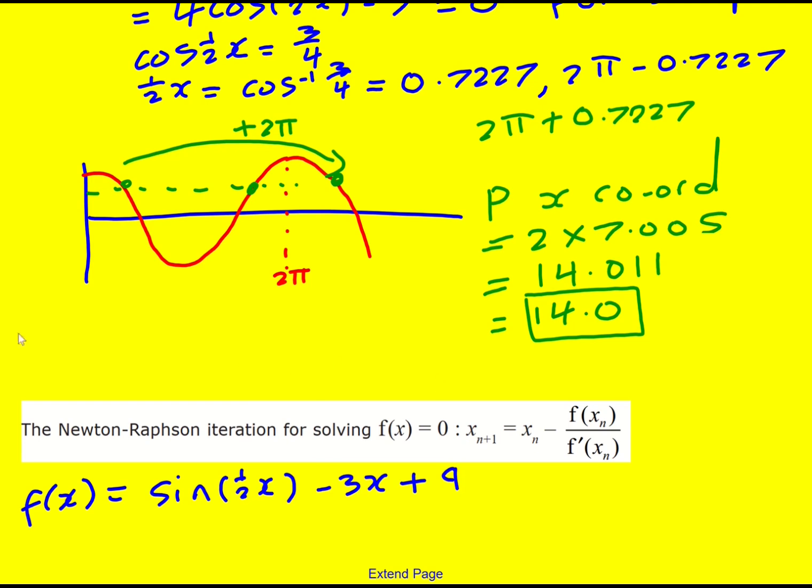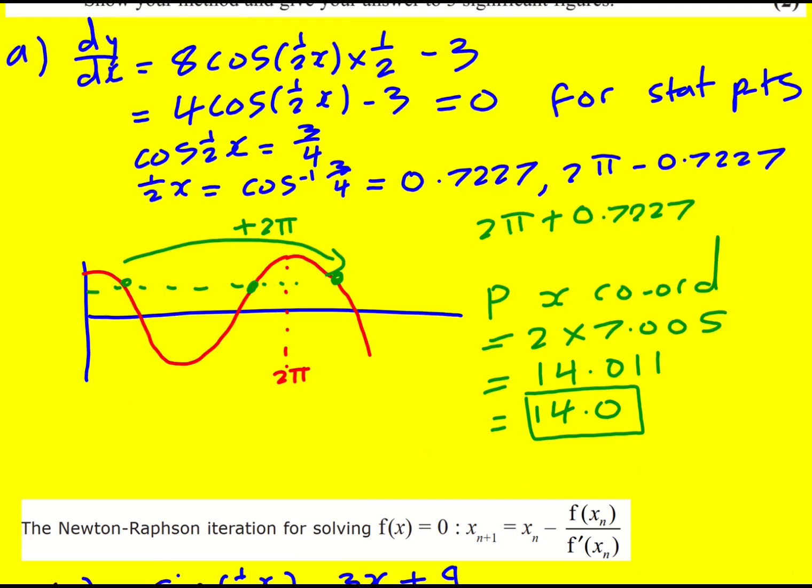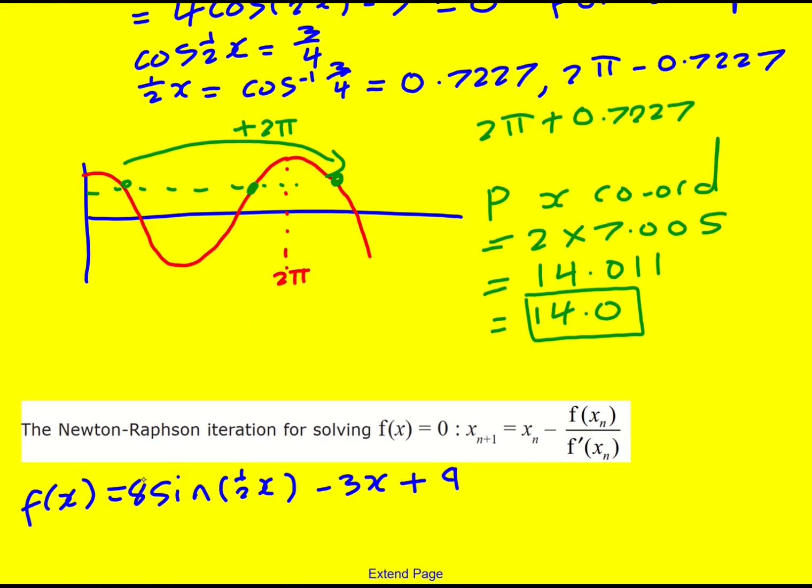Let me just check that. And we've worked out f dash x, and this one was 4 cos a half x minus 3.